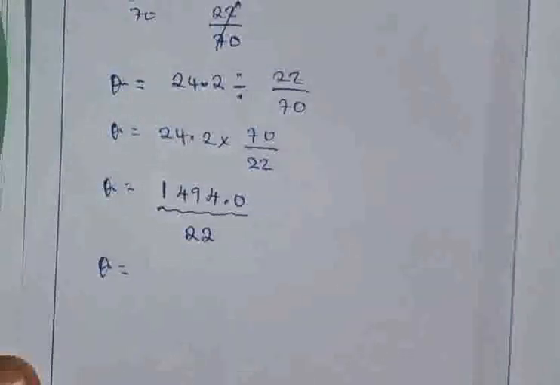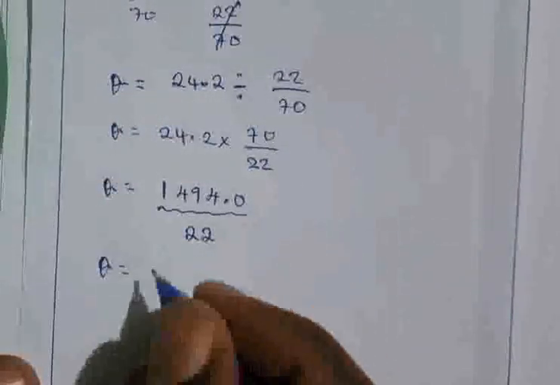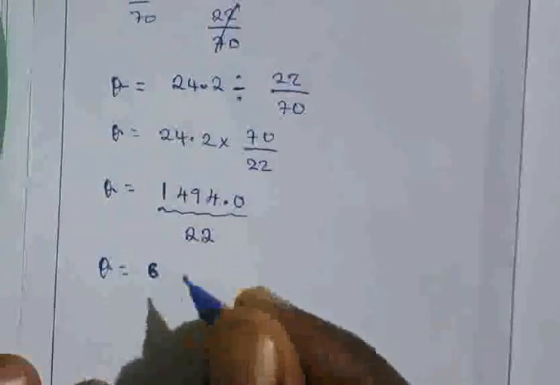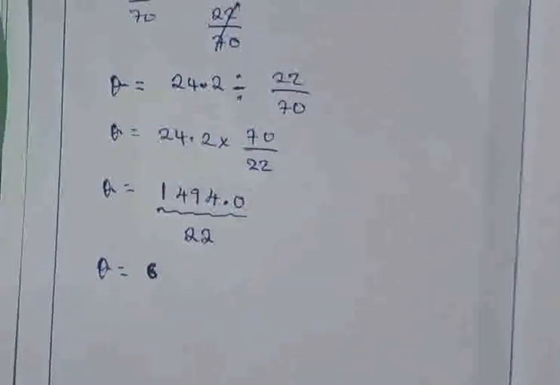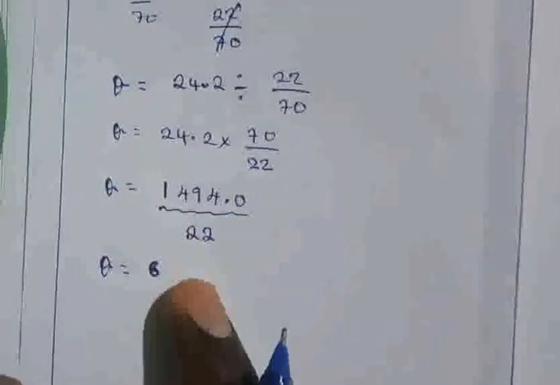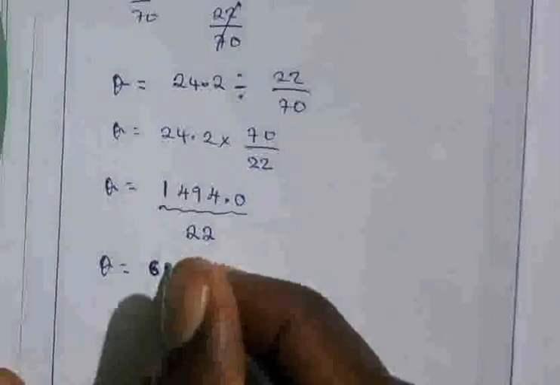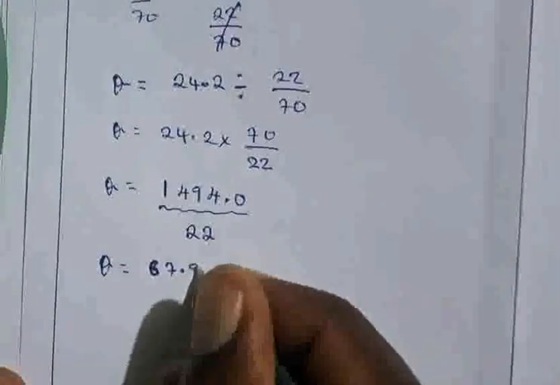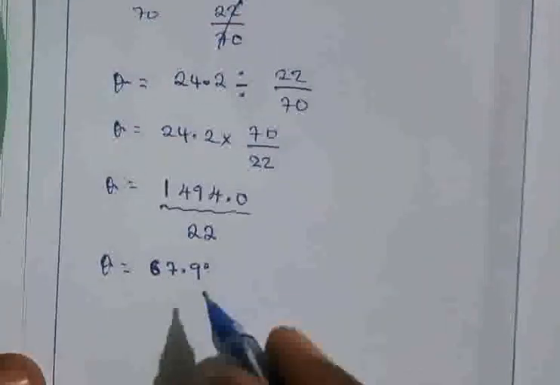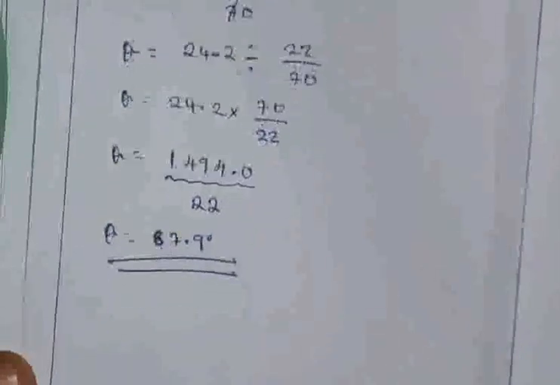Maybe 6 times. Yeah, I think it should be 6 times. So 1,494 divided by 22 is equal to 67.9, and that is our angle theta there.